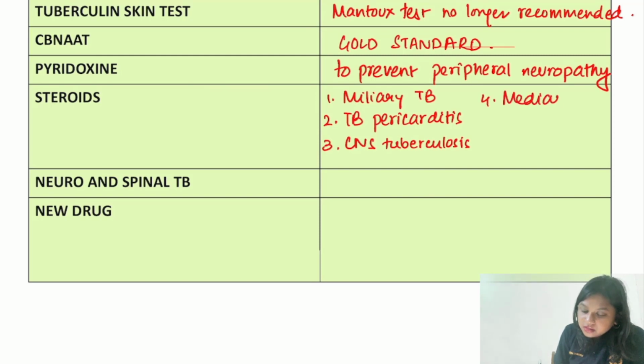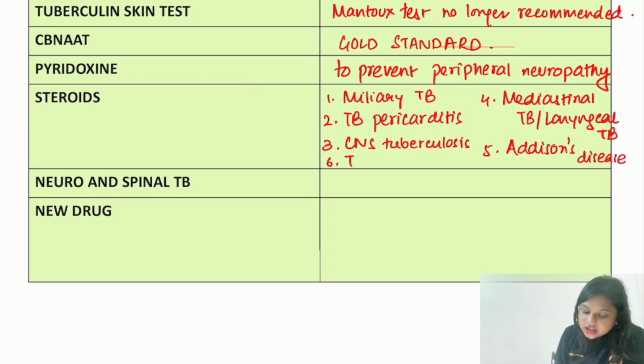Then mediastinal TB, laryngeal TB, Addison's disease where the cause is tuberculosis, and TB uveitis. So these are the important causes for giving steroids in tuberculosis.